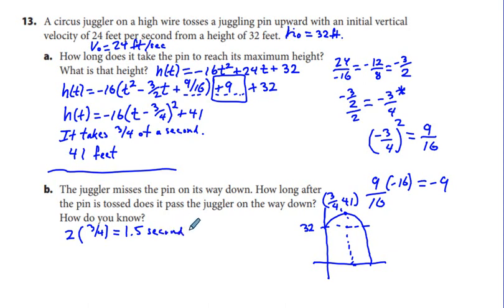And question, how do we know that? Well, because of the symmetry of a parabola, that'll dictate 2 times 3/4 is going to be equal to 3/2.